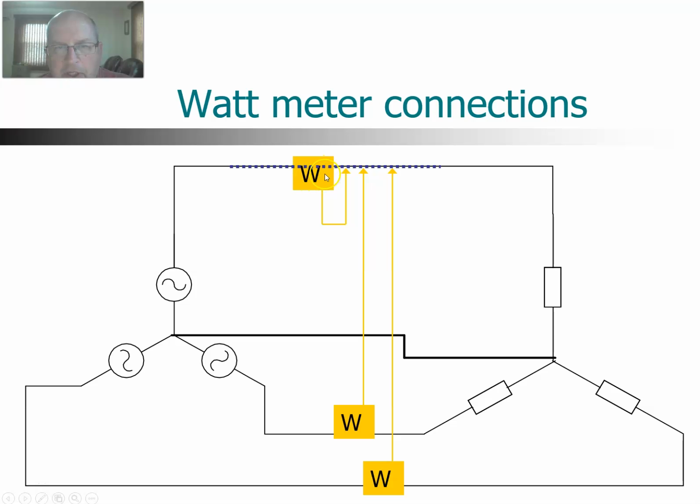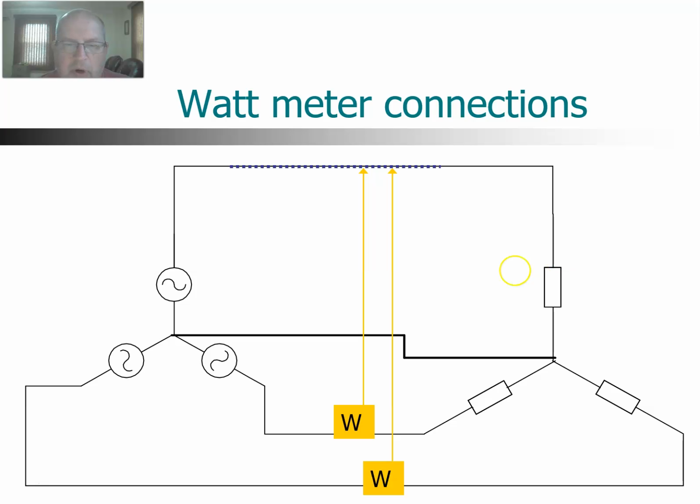And if that voltage is 0, then that meter is going to read 0 because 0 times anything is 0. So if that's reading 0, we really don't need that meter. And we can actually eliminate that meter. And if we take that out, now we're reading the total power in a three-phase circuit with only 2 meters. So this is how you can hook up the three-phase using 2 meters.